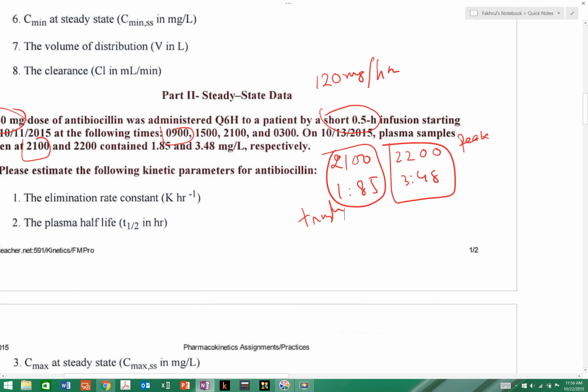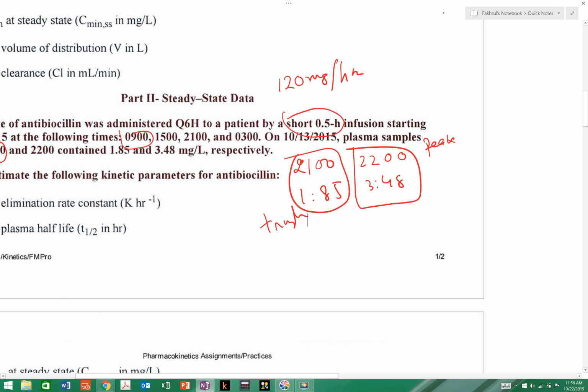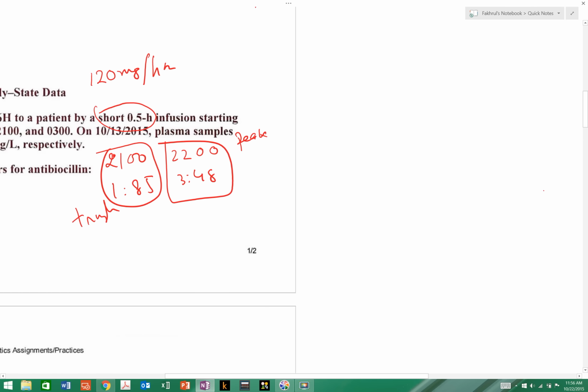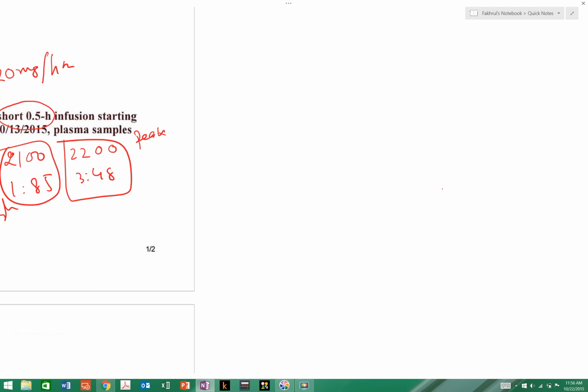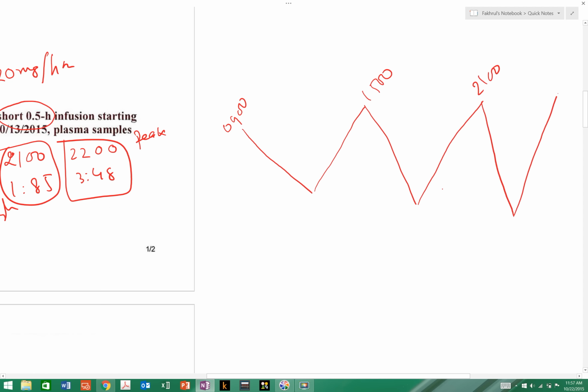So first, as it is a steady state, it could be confusing. I suggest you draw a curve like this based on the dosing interval. We have started at 0900, and assume that it goes to 1500, goes down, then another dose at 2100, then another dose at 0300.